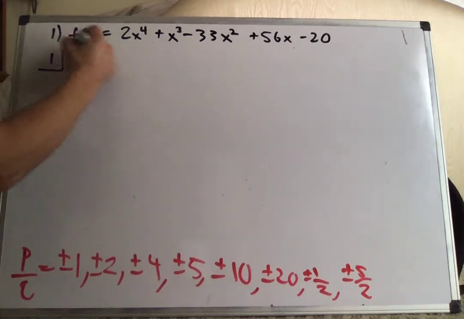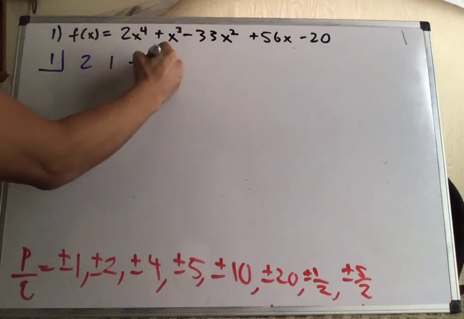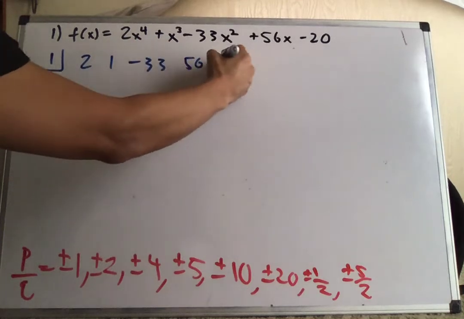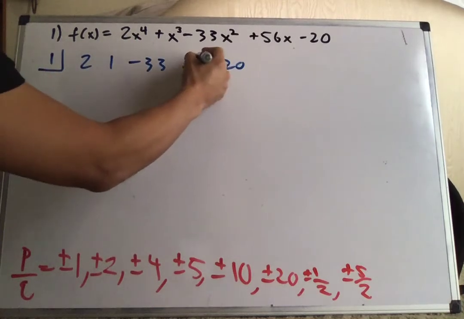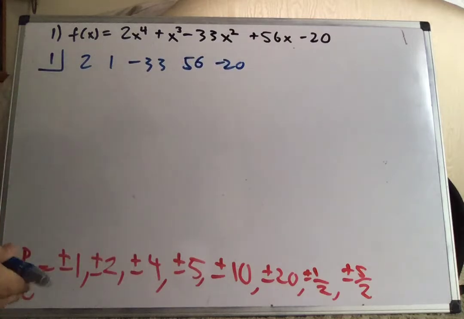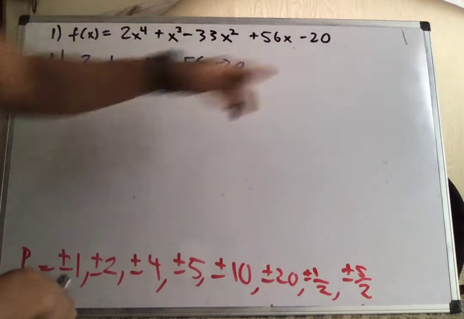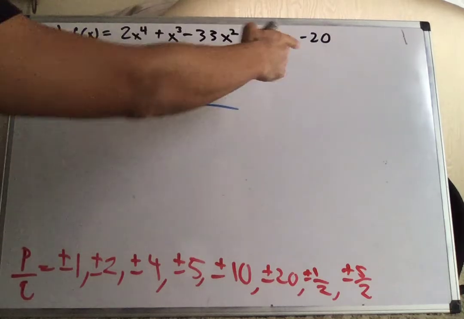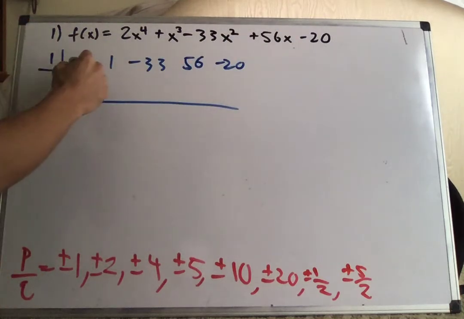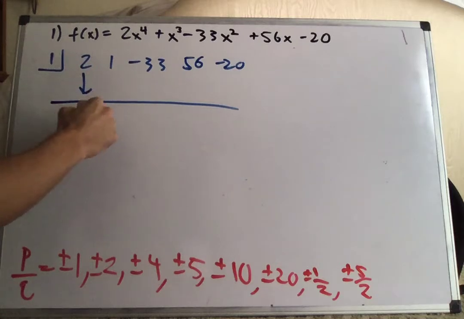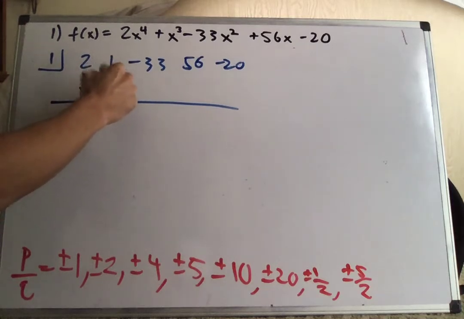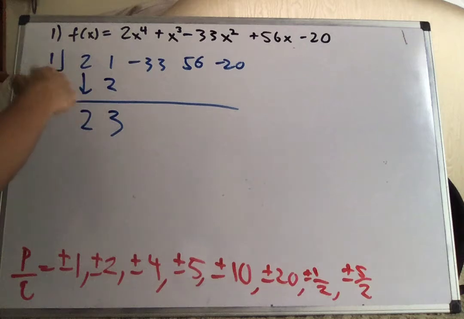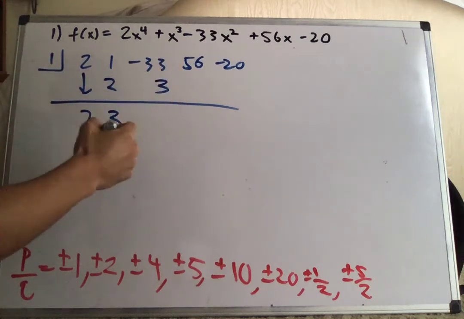So here's 1, with coefficients 2, 1, negative 33, 56, negative 20. The way I get that is that if it's going to work and I plug in 1, it should be about 0. So I estimate if I stick in 1 here, is that going to be somewhere around 0? Let's see. So 2 comes down. 1 times 2 is 2. 2 plus 1 is 3. 1 times 3 is 3.